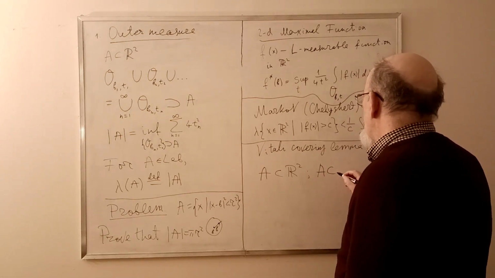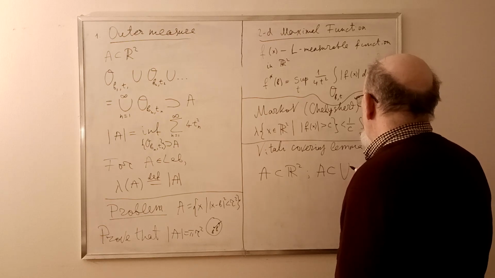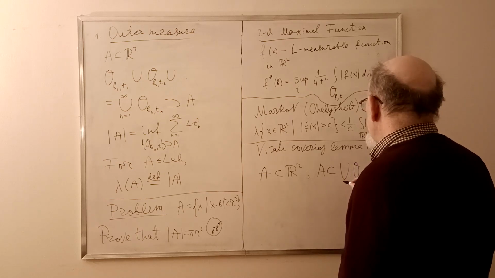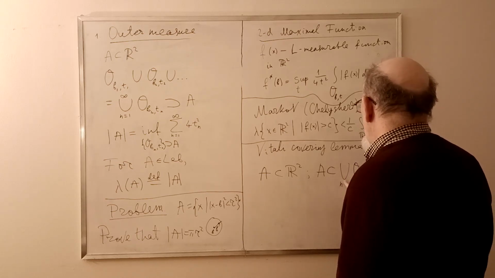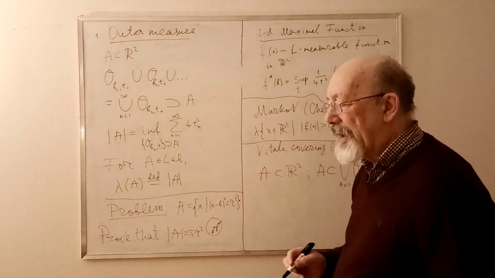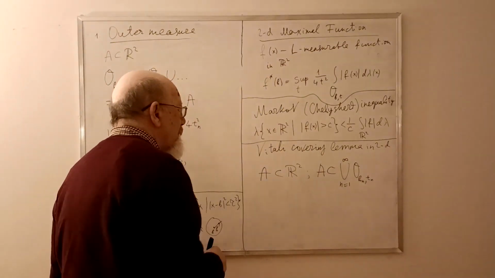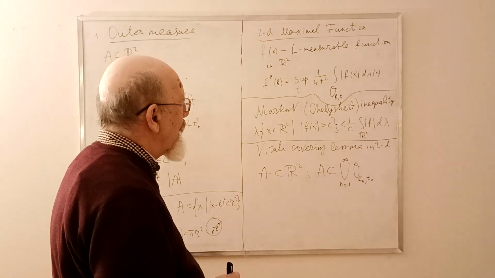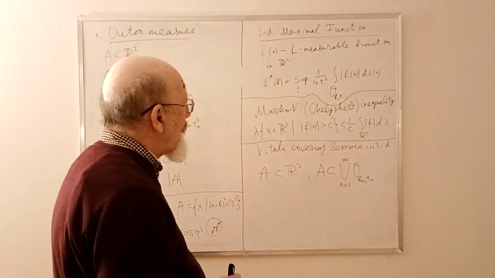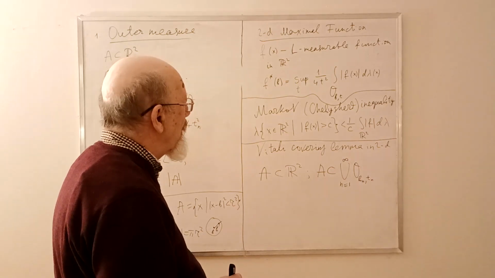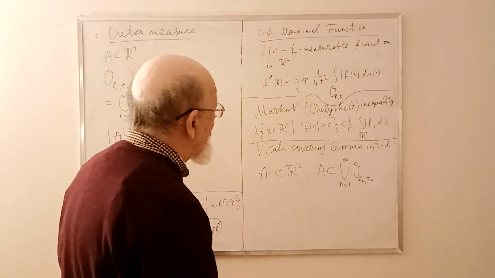A is contained in the union of O(b_n, t_n), say from 1 to infinity. So it is covered by a countable set of squares.